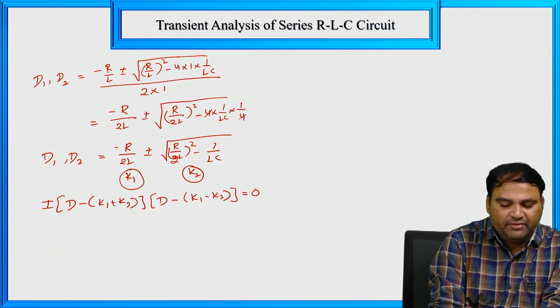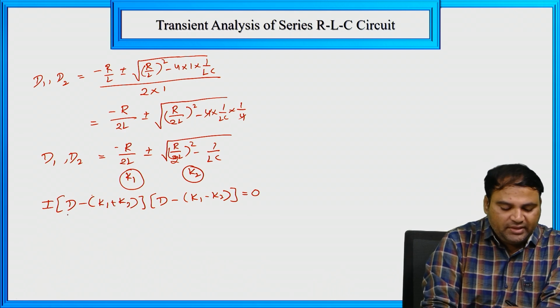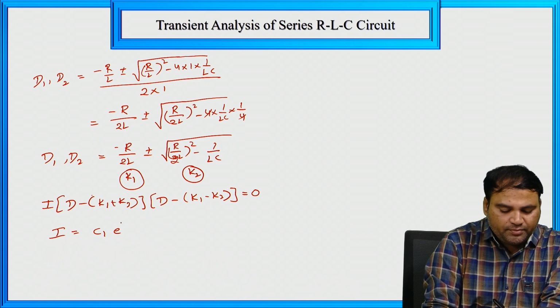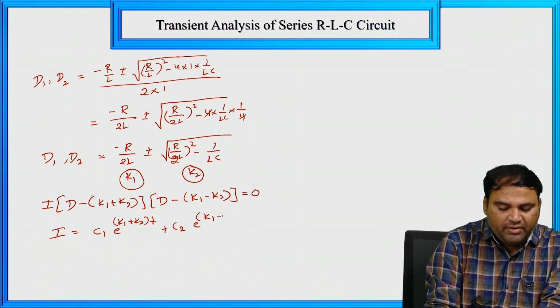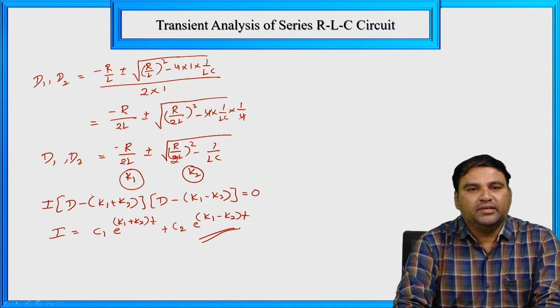By solving this equation, we get I equal to C1 e to the power of (K1 plus K2) T plus C2 e to the power of (K1 minus K2) T. This is the current response of the series RLC circuit.